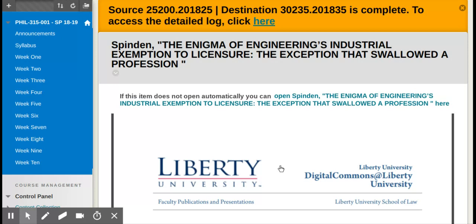And moreover, it's bad for the public because the licensing requirement would be a spur to more ethical behavior on the part of engineers. Doesn't he go through? Yes, he does go through.